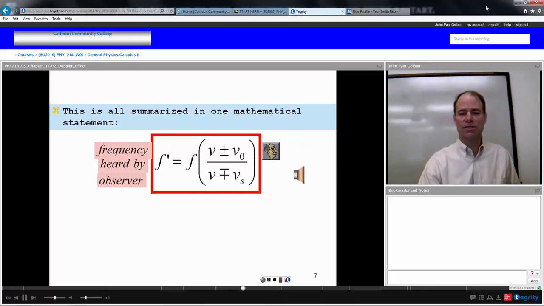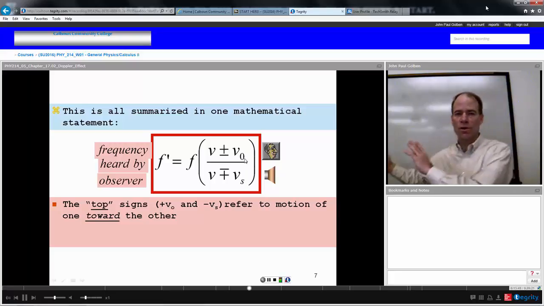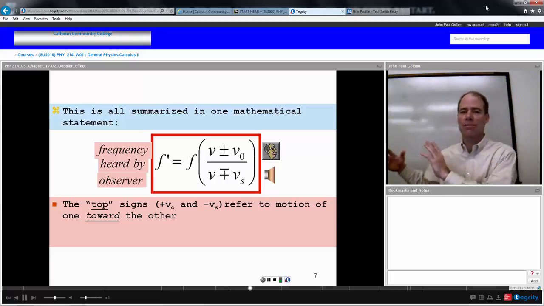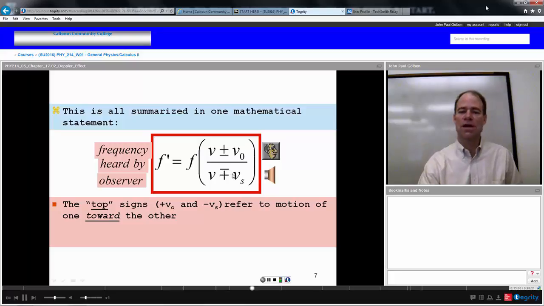In this equation, the numerator is the velocity of the observer, the denominator is the velocity of the source, and the top signs in this equation refer to the motion of one toward the other. So if I'm in the numerator and I'm dealing with the observer, if the observer is moving toward the source, I'm going to use the top plus sign in the numerator. And if the source is moving toward the observer, I'm going to use the top minus sign in the denominator.